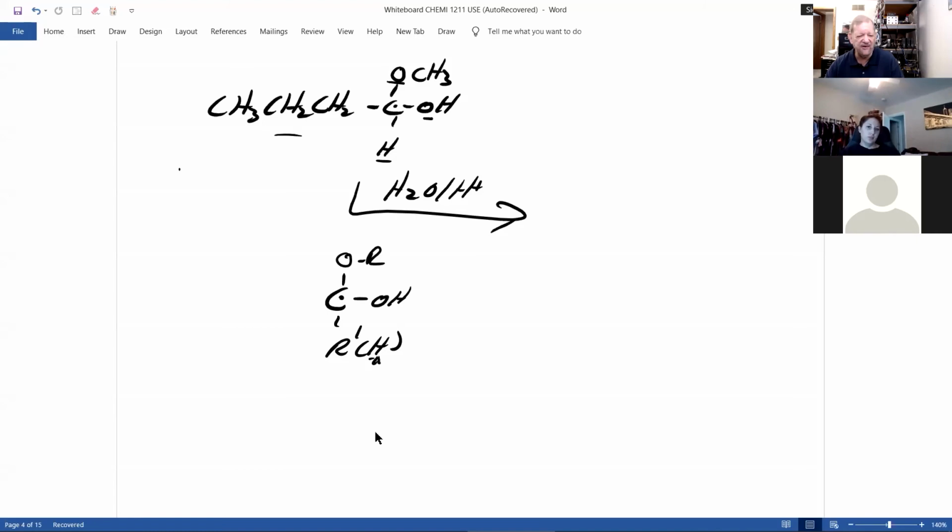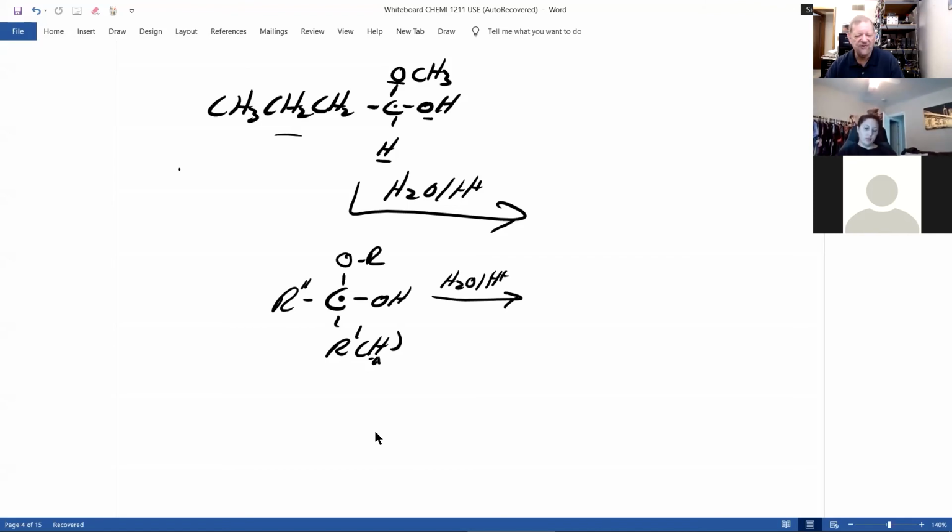And carbons here, I'll call that R double prime. And this is a hemiacetal or ketal. In this case, it's a hemiacetal, but I'll never ask you that on a test. And we're reacting with water and acid.